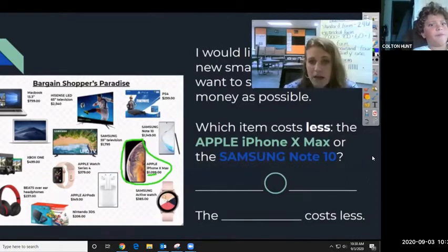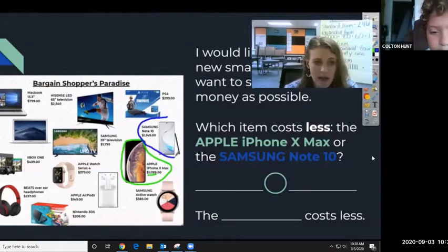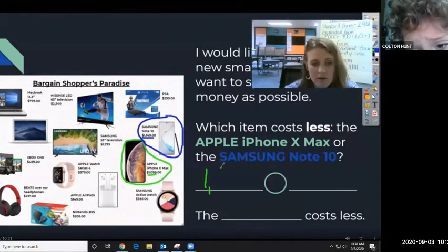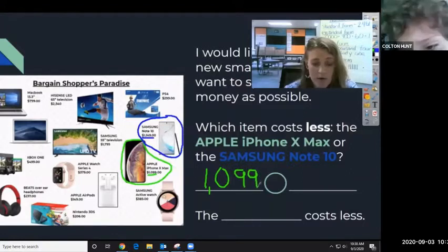I'm going to take a look at the Samsung Note 10, which is right next to it, and I can see that that has a cost of $1,149. So which item costs less? Let's record both of the costs here. And when we have in $0, I don't need to record those pennies because they amount to nothing. There's no value to them when they are both a 0.